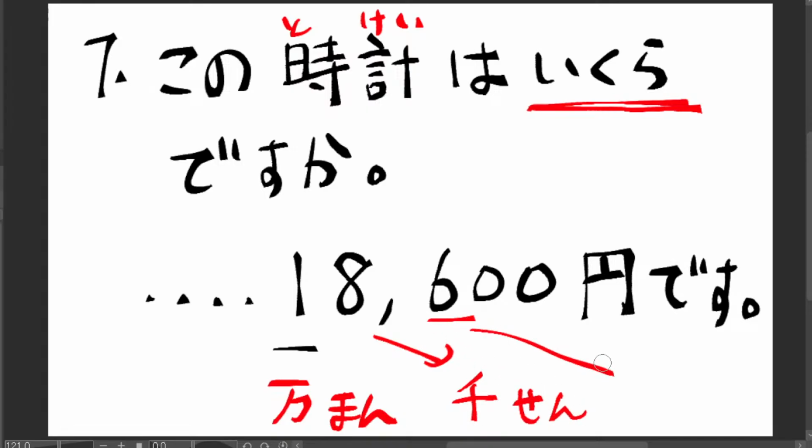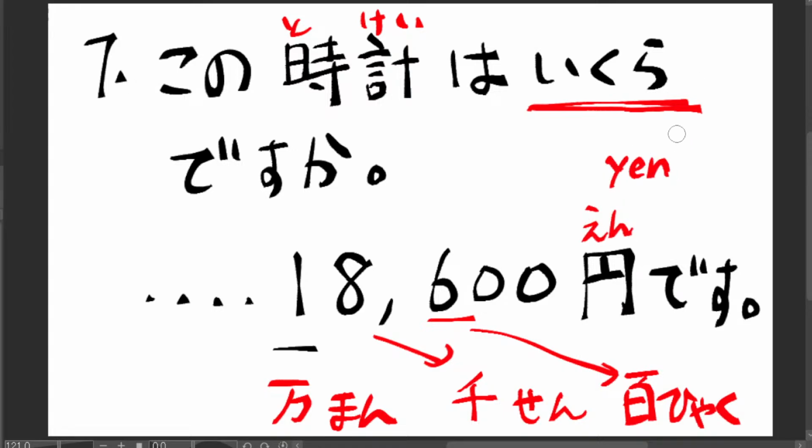And hundreds are read as hyaku. Okay, so 18,600円です。 This is en, or in English you say yen.